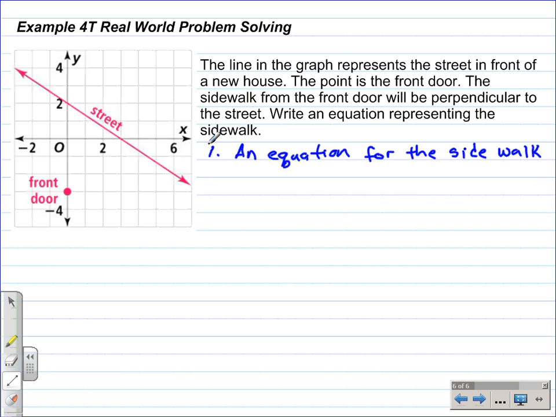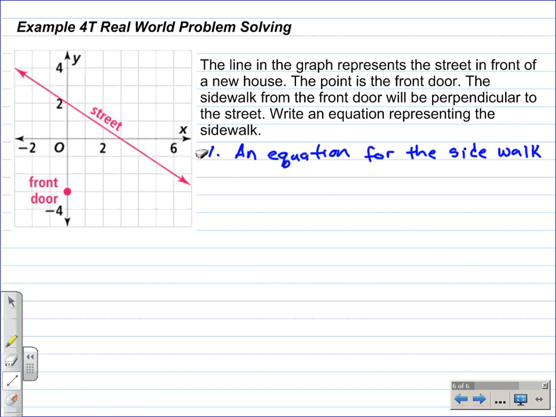Well, we have to find important information about the equation of the street. Basically, we need to find the slope of the street, because we know the line that we're going to find is perpendicular to it.